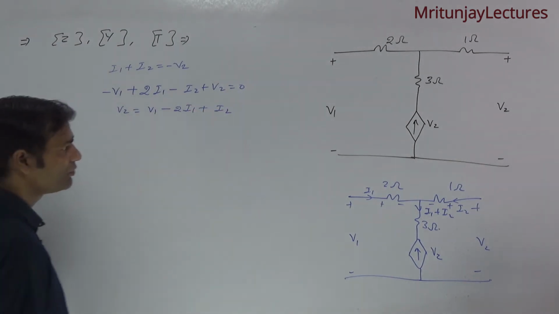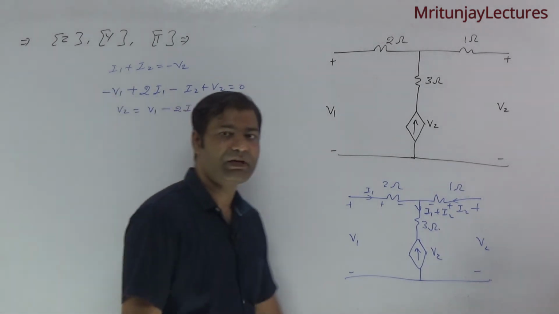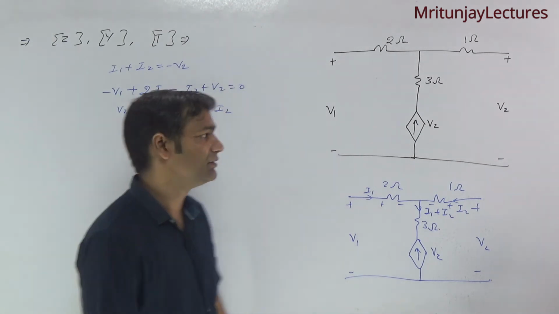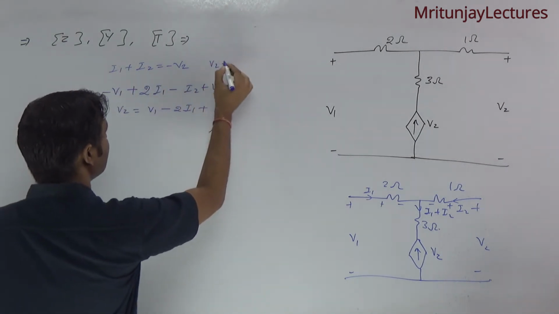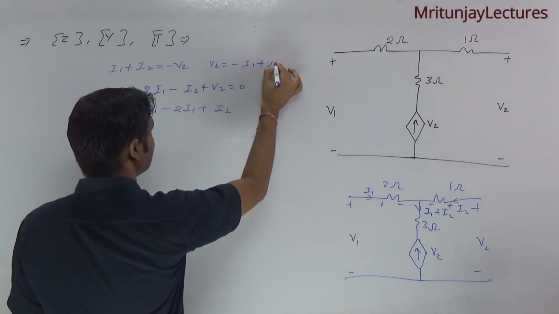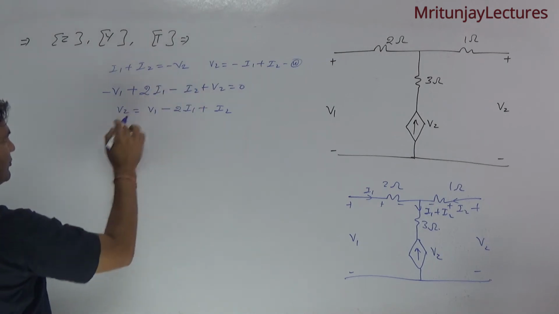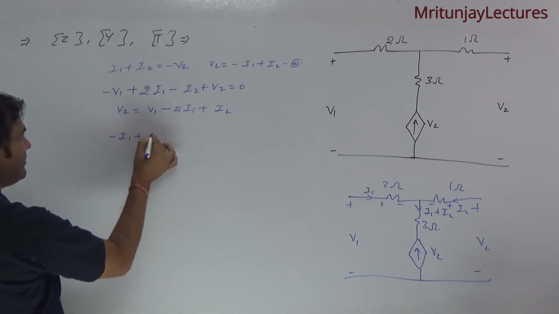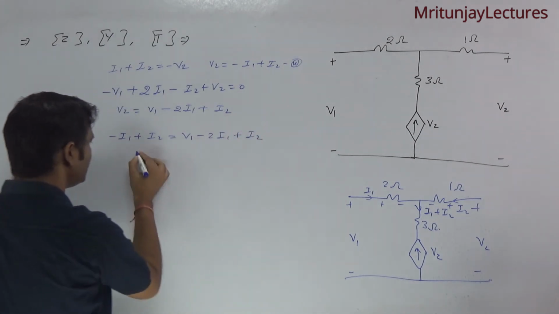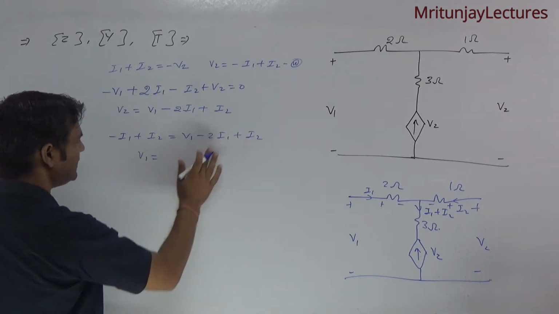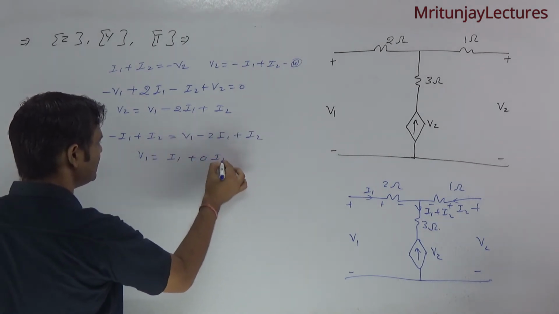Our motto is to determine the Z parameter. Z parameter means V1 in terms of I1, I2 and V2 in terms of I1, I2. So V2 in terms of I1, I2 is minus I1 plus I2, that is equation number 2. And if this value is put here, I1 plus I2 equals V1 minus 2 I1 plus I2. So V1 will be equal to, if this goes here, 0 I2.